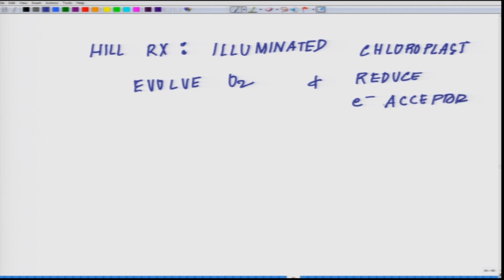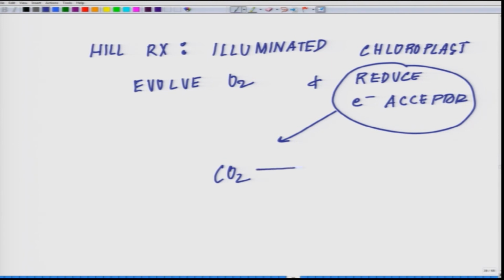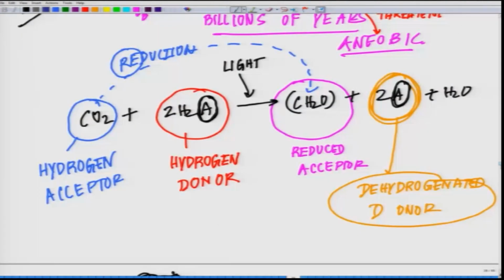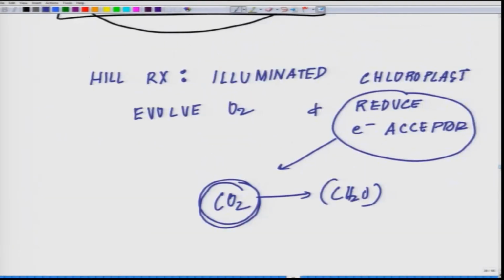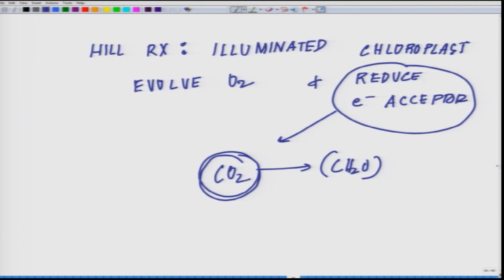And if you realize, reduced electron acceptor means CO2 becoming CH2O. So essentially this is that electron acceptor. If you just see the previous slide, this one, hydrogen acceptor, which is essentially an electron acceptor. So you can replace that electron acceptor with another electron acceptor and prove this fact, okay? And it evolves oxygen, which is a strong oxidant.